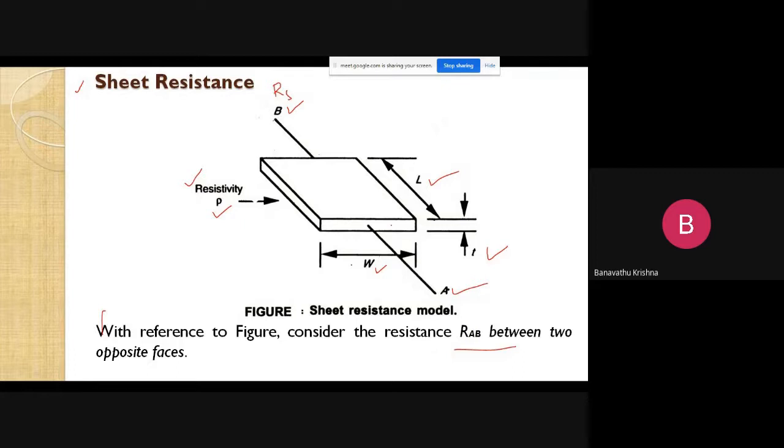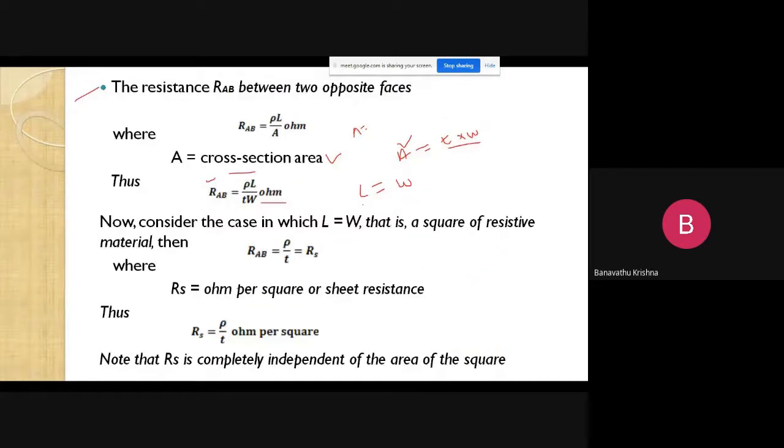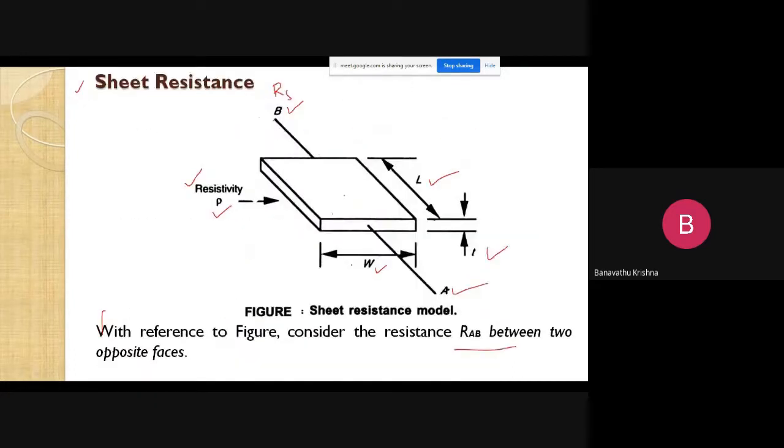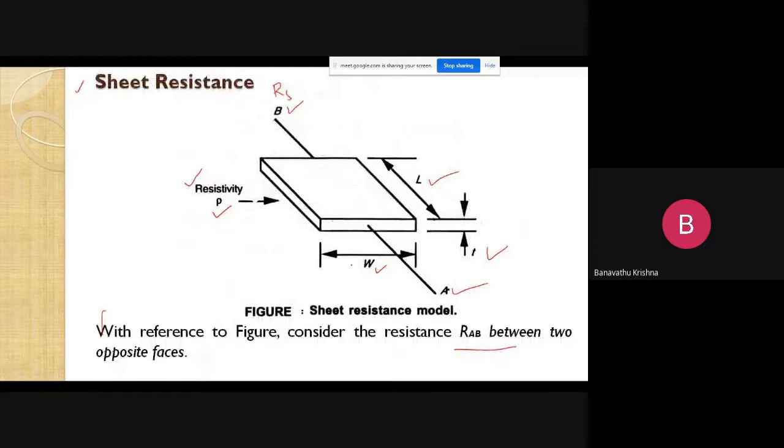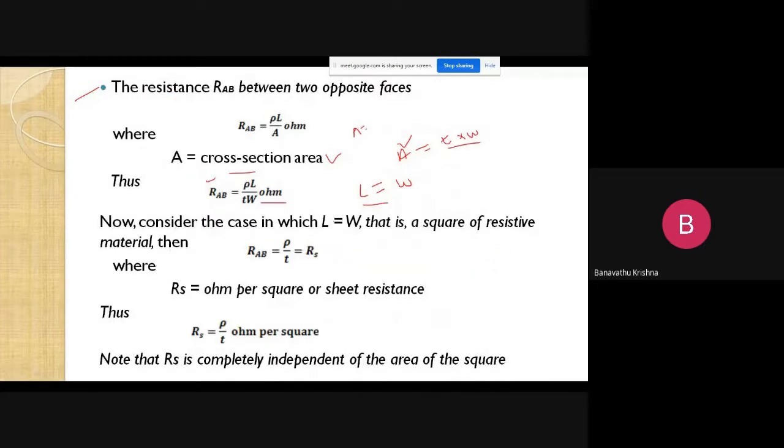But where L equals W, both are equal in measurement, so this uniform slab is a square. So now consider the case in which L equals W, that is a square of resistive material.